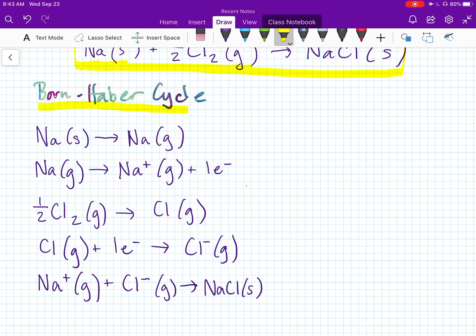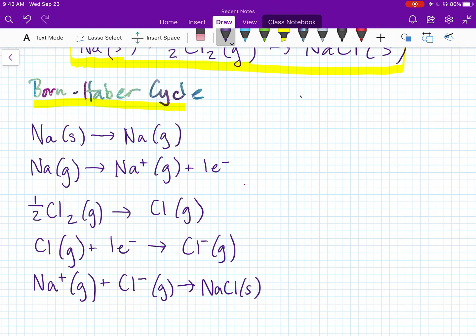I have written down a bunch of processes that are involved in transforming those elements in their pure states into the ions that are involved in the ionic solid. I want to consider now the energy change associated with each of these processes. They're both physical and chemical changes.